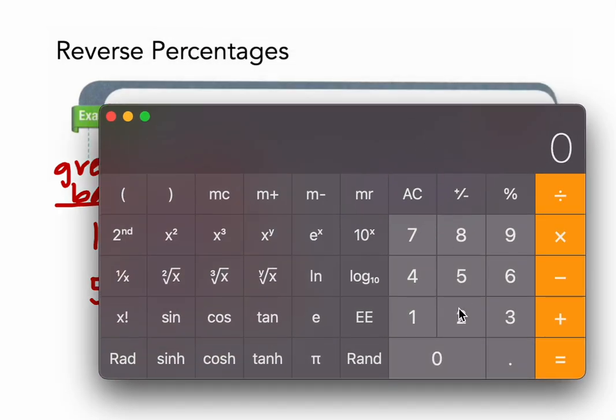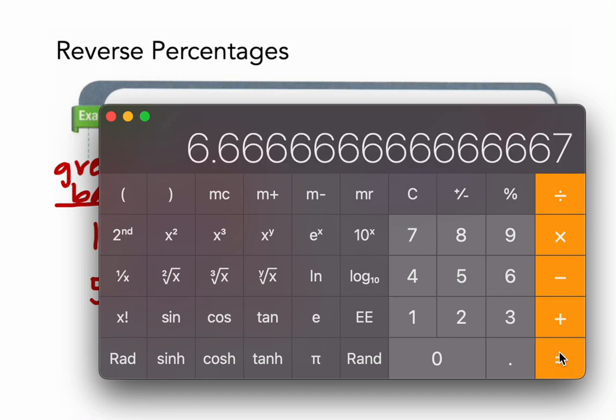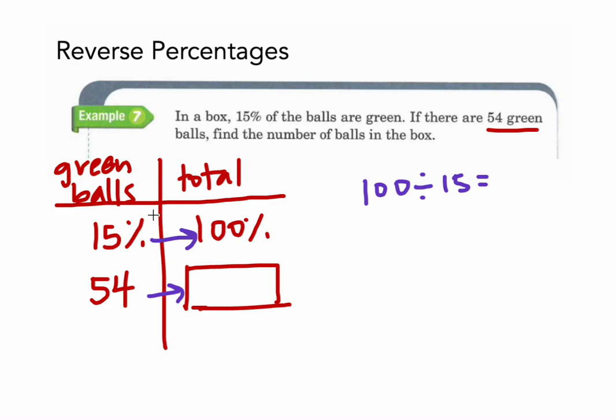Okay, 100 divided by 15 is like 6.6666. So that means 15 times 6.6 with the 6 repeating will get me to 100. Now, I may not like the pattern, but that's the pattern.